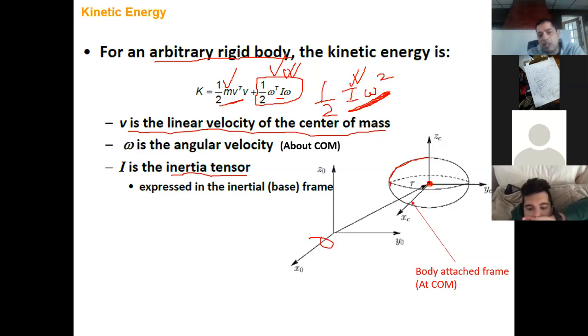In the center of this rigid body we have a frame, which is called the body-attached frame. When I say I is the inertia tensor, it is expressed in the inertial or base frame, not in this frame, rather this one. So I is expressed in the base frame.